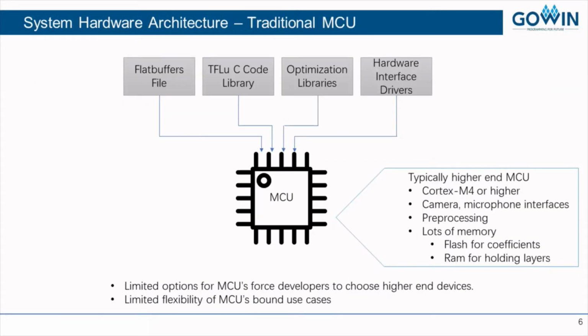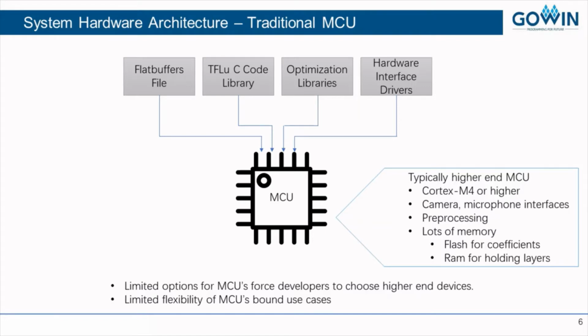So now I'm going to talk a little bit about system architectures for using TensorFlow Lite for microcontrollers on a traditional microcontroller. Basically, you have this flat buffers file, and within TensorFlow, it can utilize this flat buffers file to generate C code based on a library that runs the model and loads the appropriate weights and coefficients.